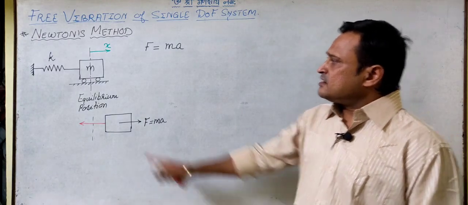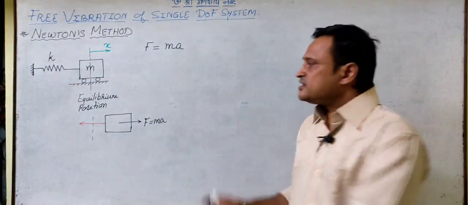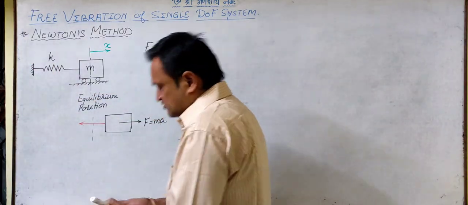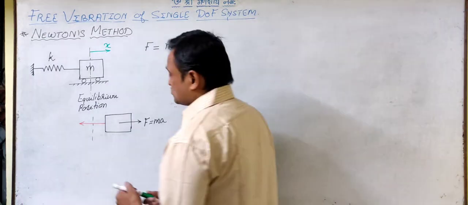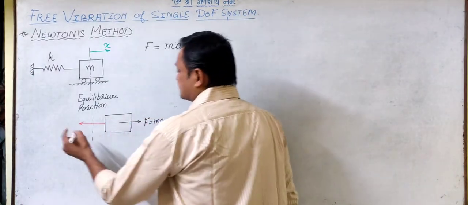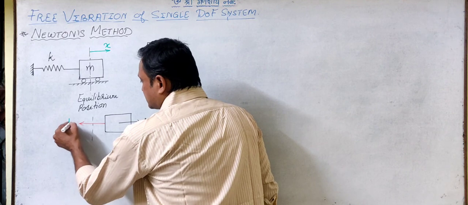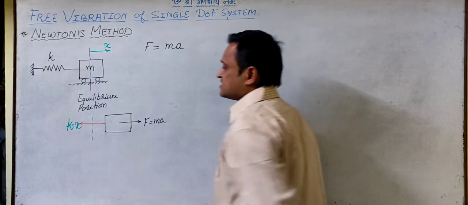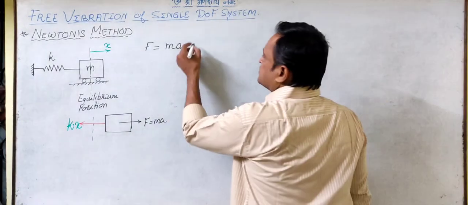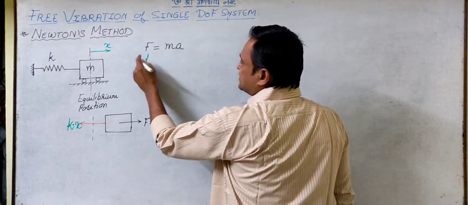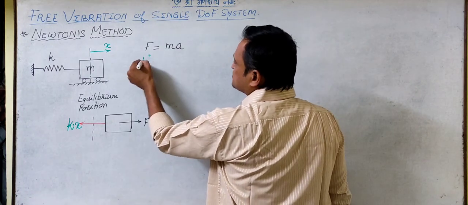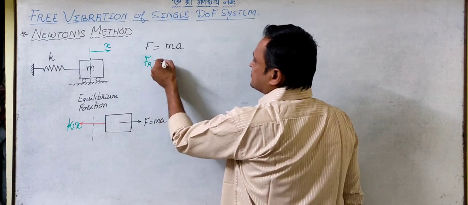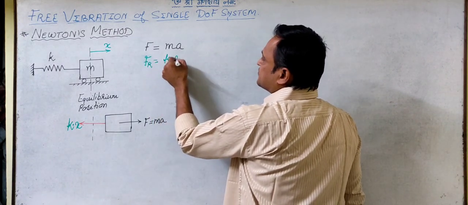And the spring is pulling back the mass, so the force due to restoration, the restoring force, is k into the displacement x. So let us say F restoration is kx.